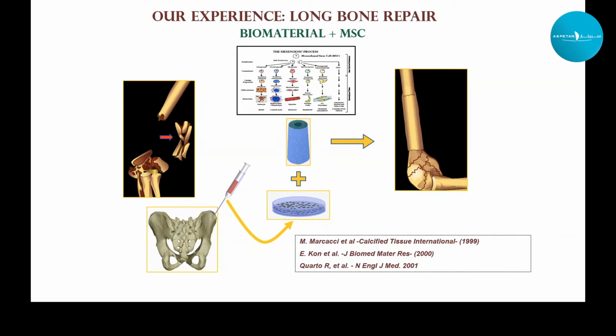In the late 90s, we started publishing the first clinical experience for big segments of bone reconstruction in patients with cultured mesenchymal stem cells combined with a ceramic scaffold. And we published our experience in 2001 already, so almost 20 years ago.